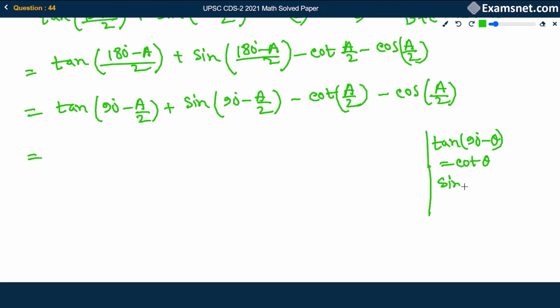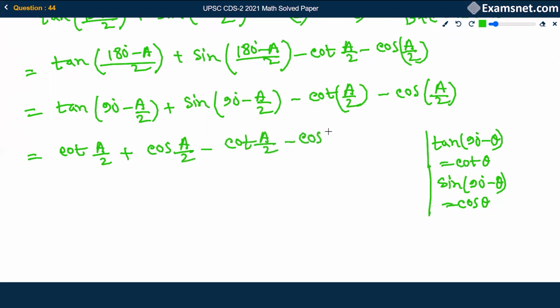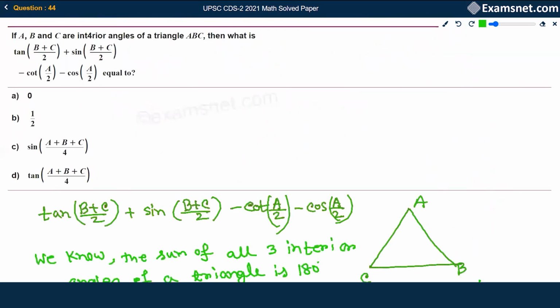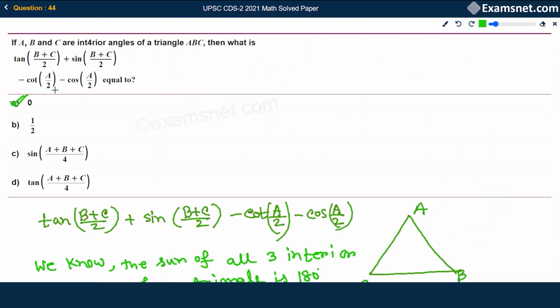Also sine of 90 degree minus theta is cos theta. So in place of theta it is given A by 2. We can write cot A by 2 plus cos A by 2 minus cot A by 2 minus cos A by 2. Both cot and cos got cancelled. We are left with only 0. So the given expression results in 0. Here option A is the correct answer.